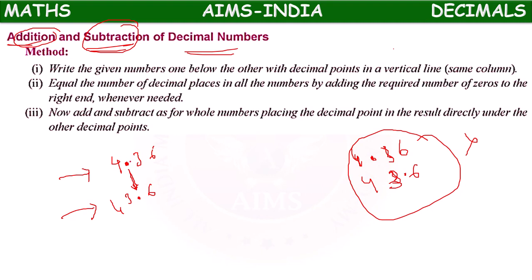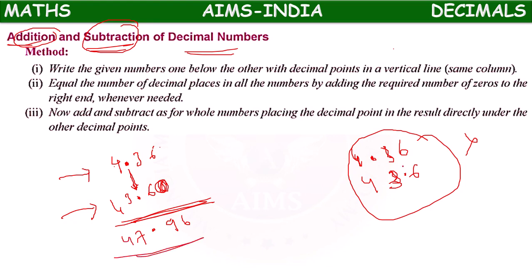For both numbers, the decimal point should be in a vertical line. Then only we can add them. Here, according to the property we have learned, we can keep 0. So 6 plus 0, 6. 3 plus 6, 9. Point downside, point. 4 plus 3, 7. 4. After writing like this only, we can add.